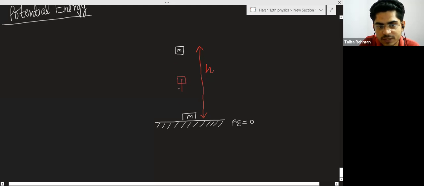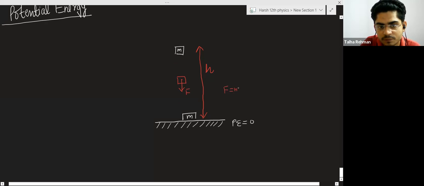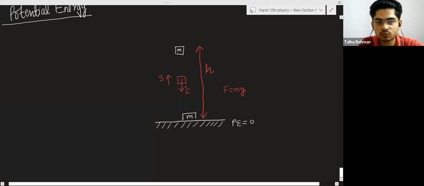The force is like this, force mg, in the downward direction, and the displacement of this mass is in the upward direction. So it means we are doing work against gravity.